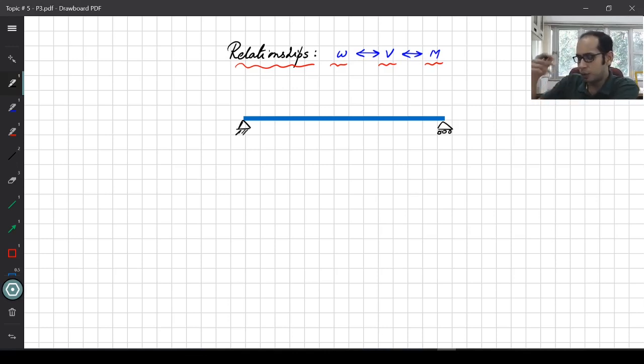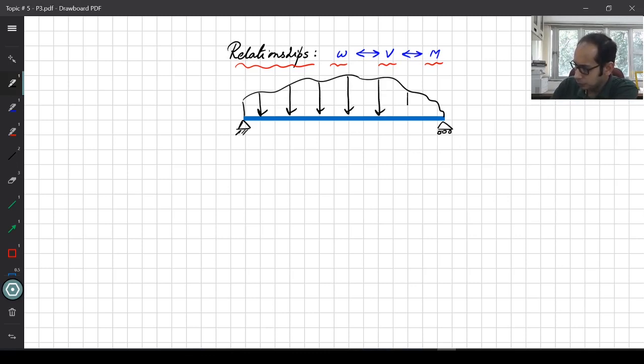And let's say on top of the beam you have a distributed load, something along like this, and let this be a general function W of X over here. This is the distributed load that we have.